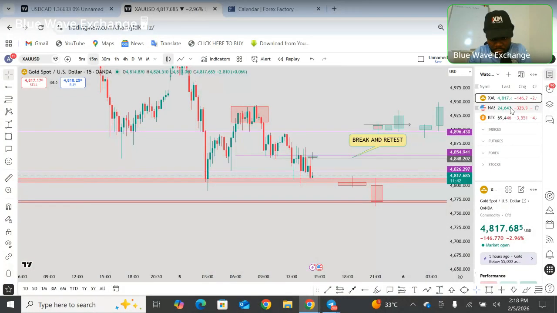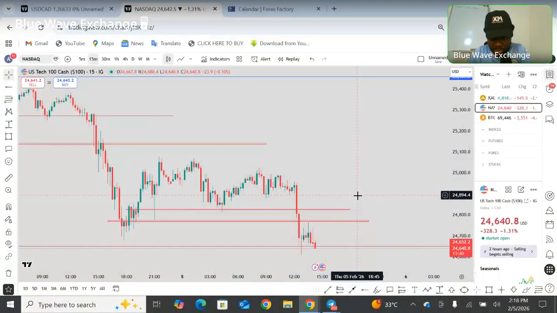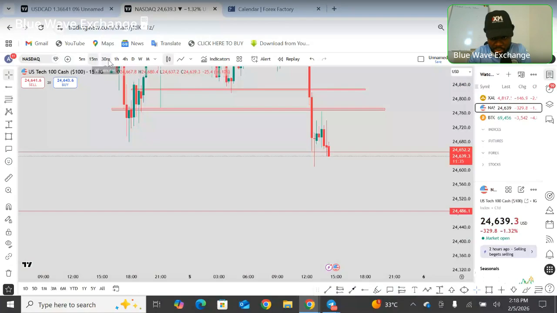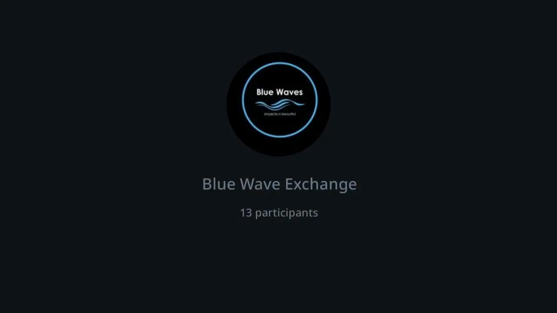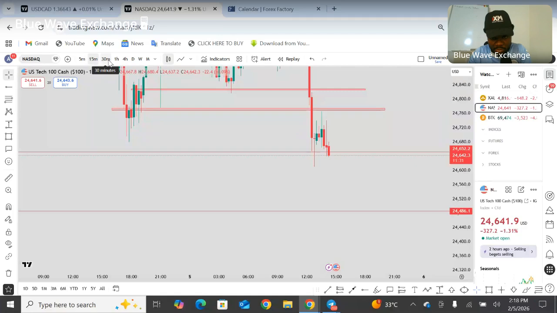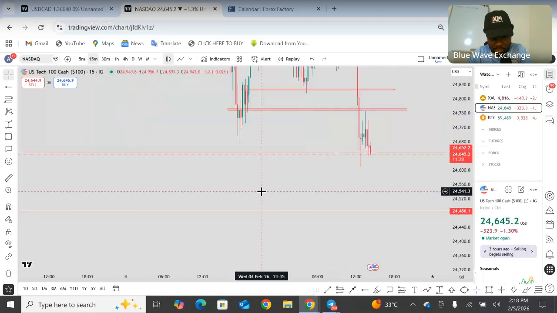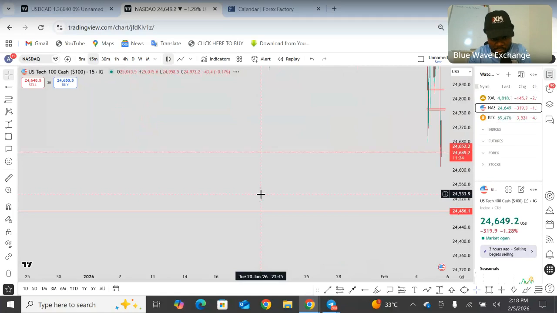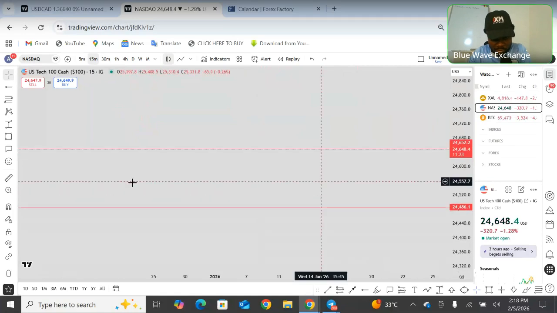Okay, so Nasdaq is trying to break. Is it going to be too fast? Looking at your left, clean price action to your left.